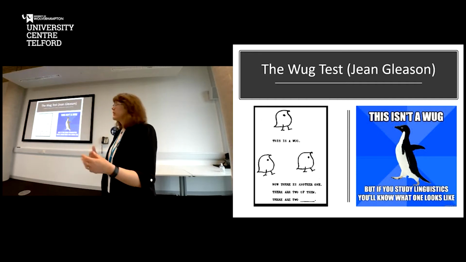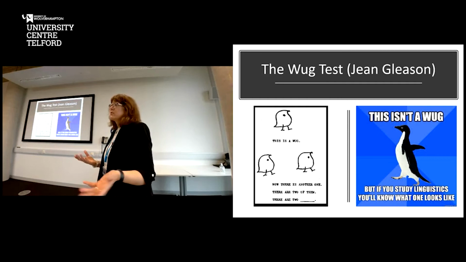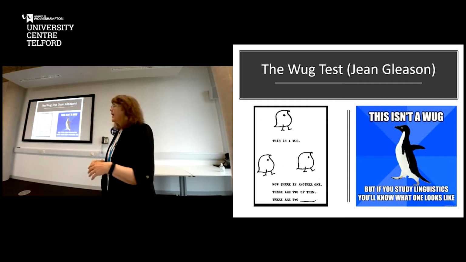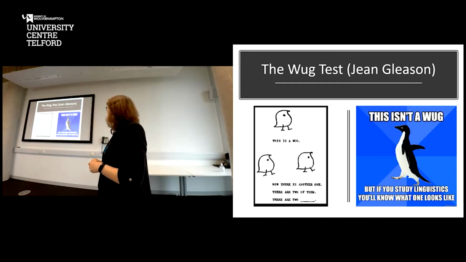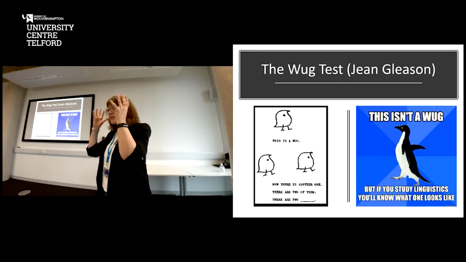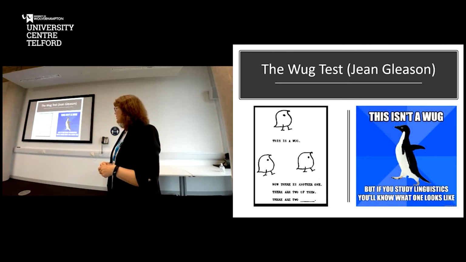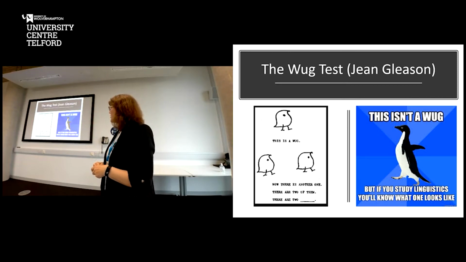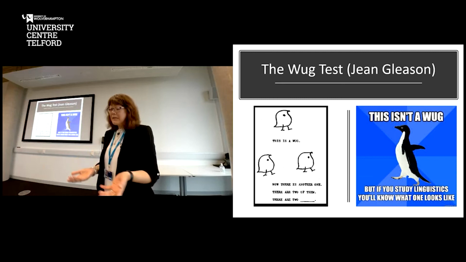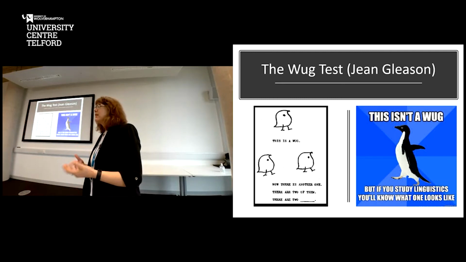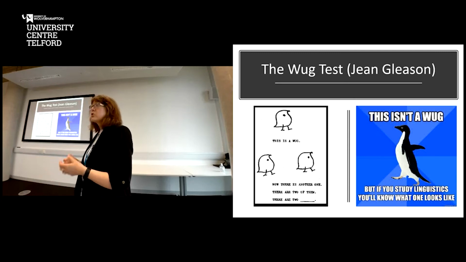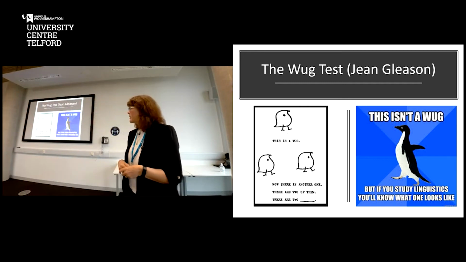That child's worked it out for themselves, and they've just used the kind of universal grammar that's keyed into their mind in order to do this. So that seems to suggest that perhaps there is something in our brains that helps us to acquire our first language.